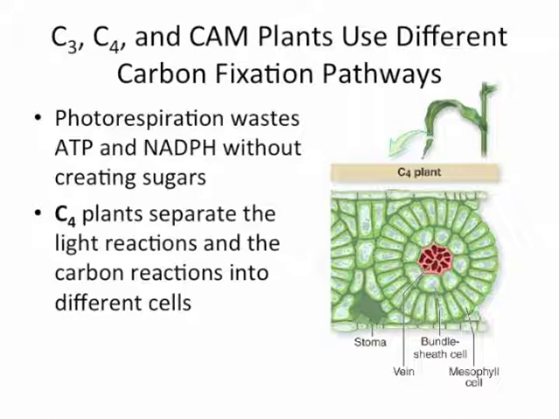And what they do is they separate the carbon reactions from the light reactions. They'll do the light reactions in the mesophyll cells, and they'll actually do carbon fixation there as well. And they'll do the Calvin cycle, the carbon reactions, in the bundle sheath cell. So where they produce the oxygen is separate from where they consume the carbon dioxide.